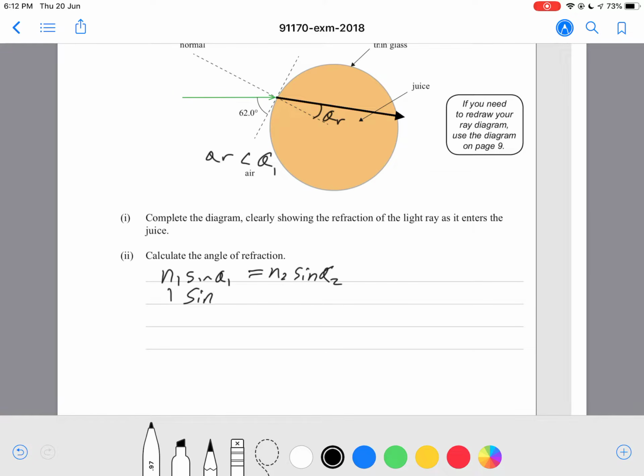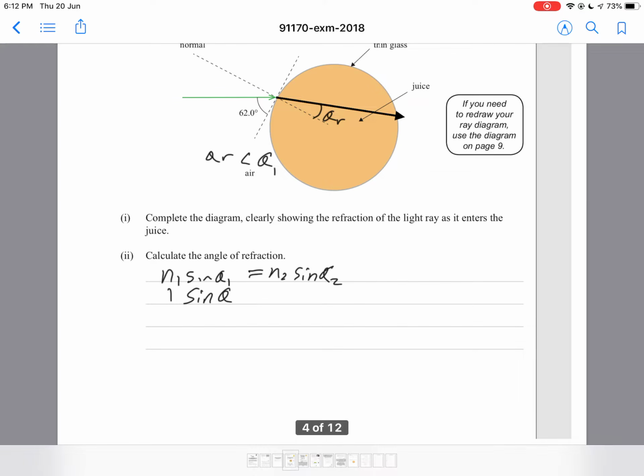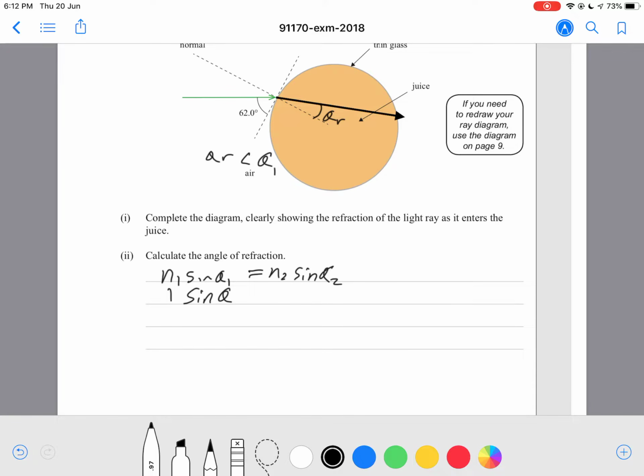And our initial angle of incidence, that's this angle here, is 28 degrees. That's the angle that the normal makes with the ray, which is the angle of incidence.